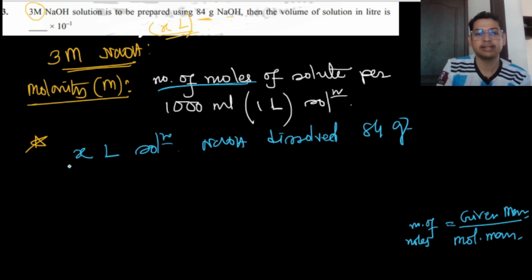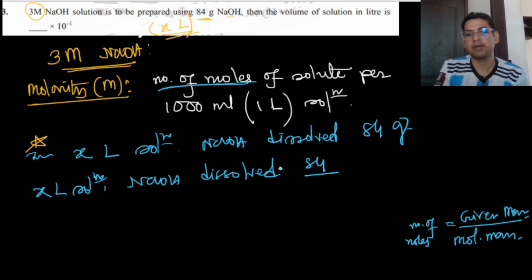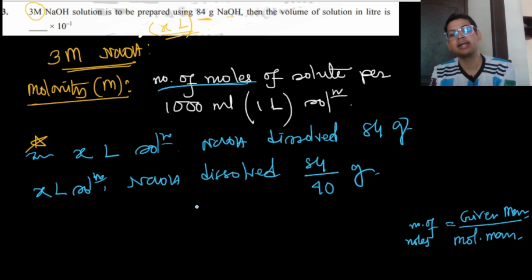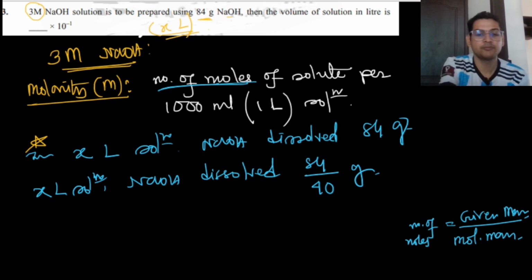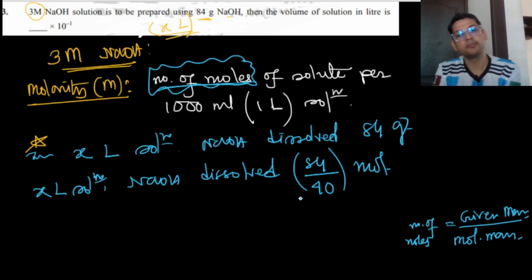So in x liter solution, NaOH dissolved is 84 by its molecular weight, which is 40 gram. So 84 by 40 mole NaOH.